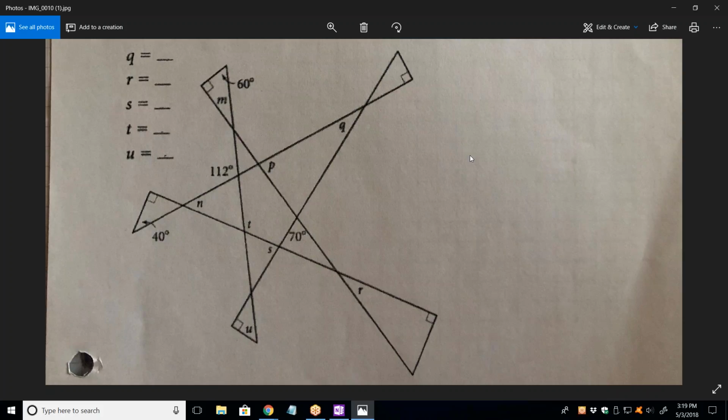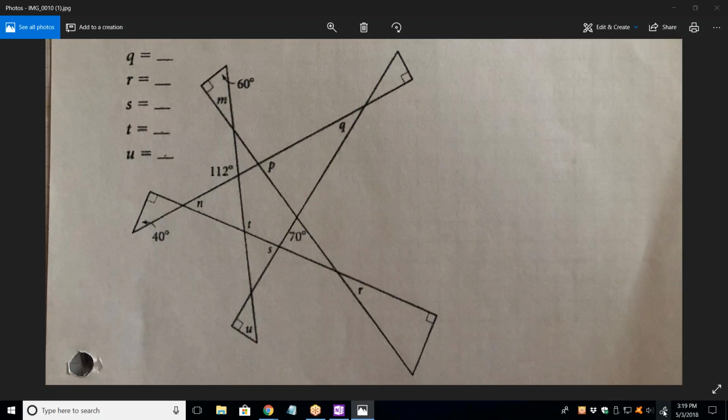Oh. So, again, we have a complicated diagram where we can't immediately figure out Q from the start. So we kind of have to figure out other stuff.